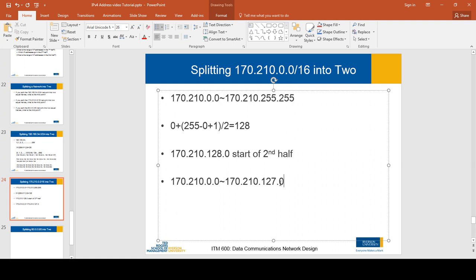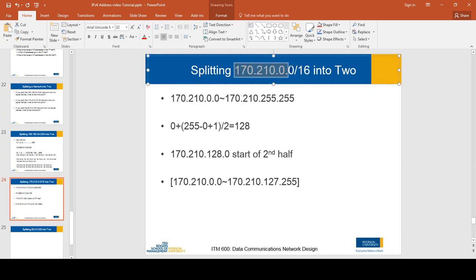The IP address 127.1 is lower than 128.0. You have 127.2, 127.3. So you can go up to 127.255, and then you can't increase anymore. The next IP address is 128.0. So this is the range of the first half when you split this class B network.